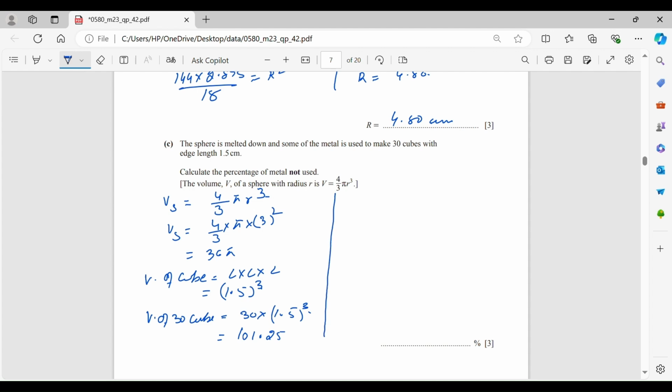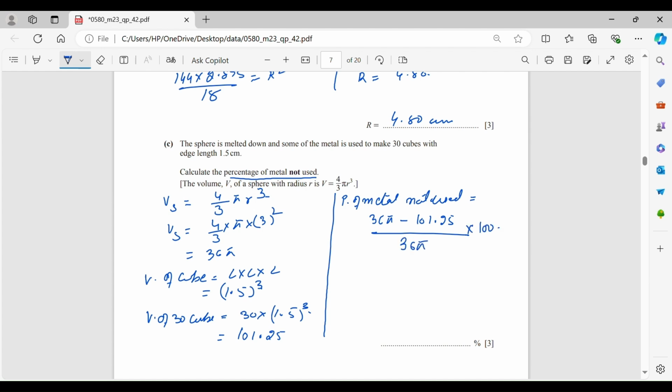So we have to find the percentage of the metal not used. So the percentage of metal not used is equal to 36 pi minus 101.25. This is the metal not used, over the total volume, which is 36 pi, into 100.